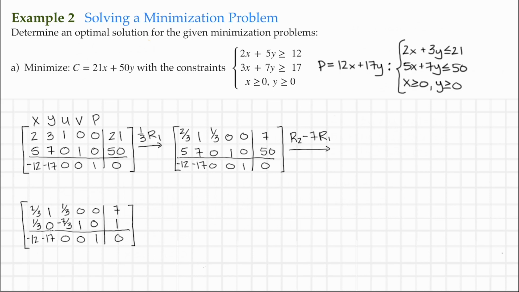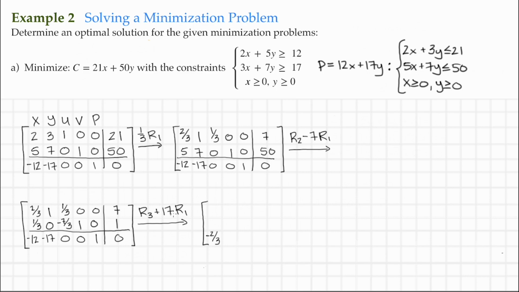So now we target this element here. So we could take row 3 plus 17 of row 1. Put in our bracket. 2/3 times 17, that's 34/3. And negative 12 plus 34/3 is negative 2/3. 1 times 17 is 17.